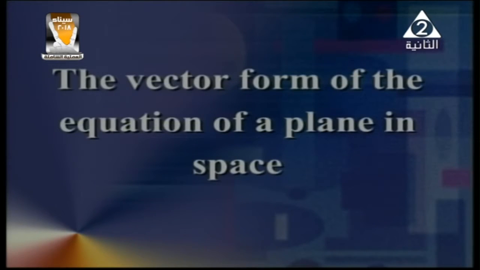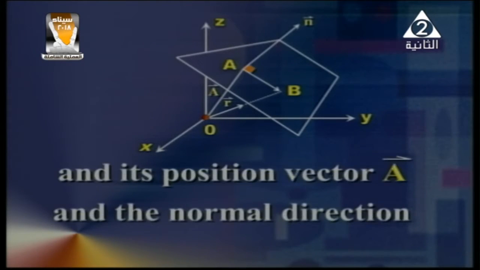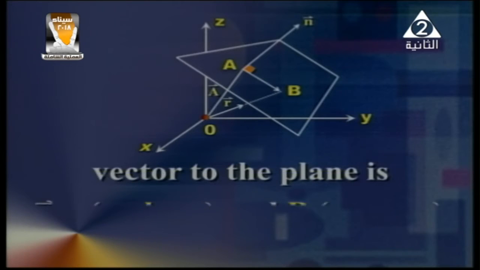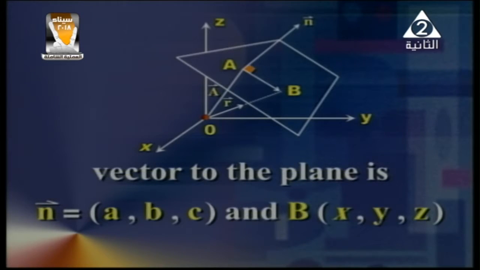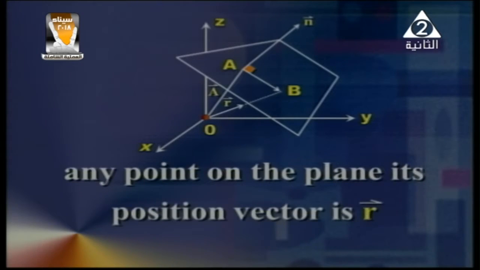Dear student, now we move to another title called the equation of a plane in space. The vector form of the equation of a plane in space: look at the point A with coordinates x1, y1, z1 that belongs to the plane, and its position vector a. The normal direction vector to the plane is n vector a, b, c, and B is any point x, y, z on the plane, with position vector r.